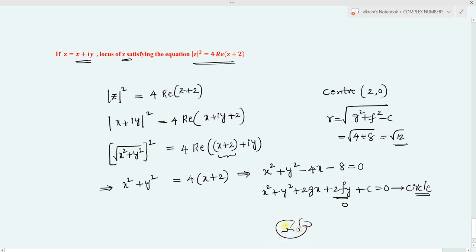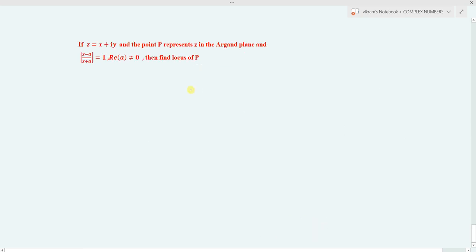Just use the formulas we have, substitute and go with the procedure. So again, another question based on finding the locus of a given complex number.